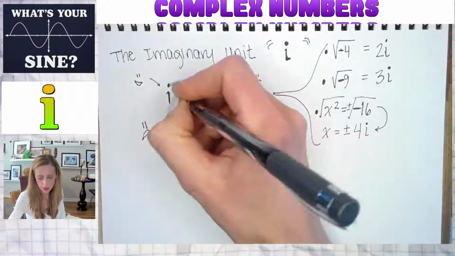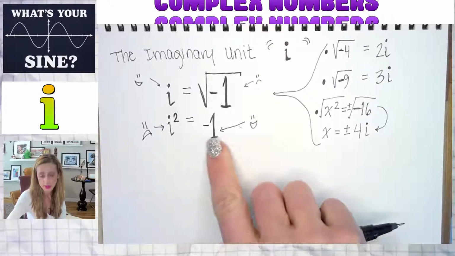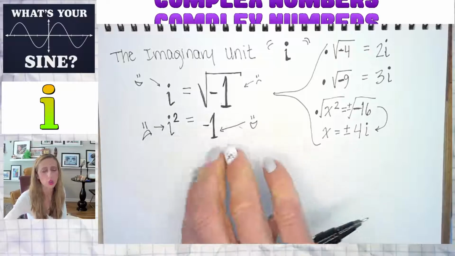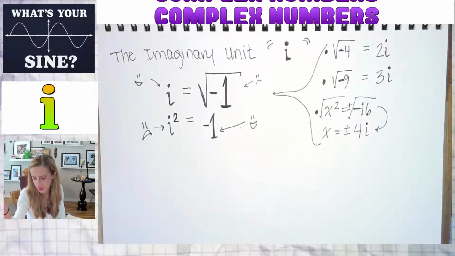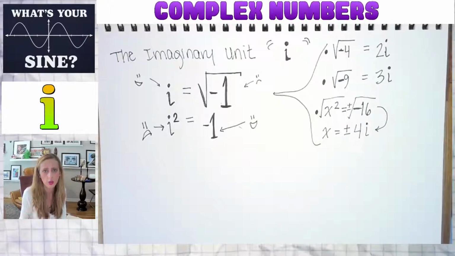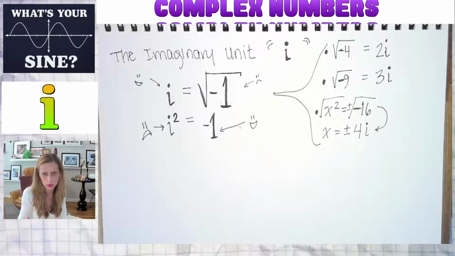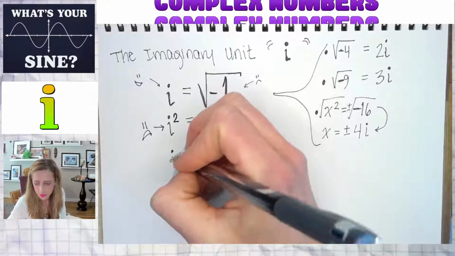So here, i is better than the square root of a negative. Next, -1 is better than i squared. You will memorize this. I'll ask my pre-calc kids, what does i squared equal? And they haven't done it in a long while, but they're going to be like, -1. They'll know because you use it a lot.